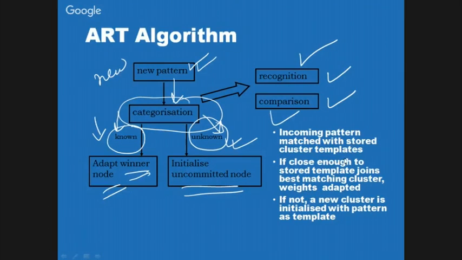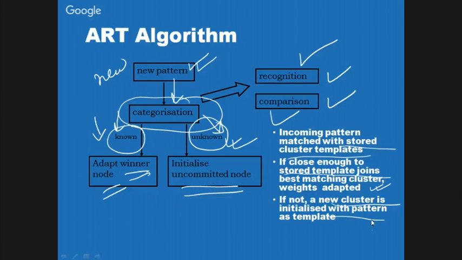So the incoming pattern will be matched with stored cluster templates. If it is the same or close to the stored cluster templates, then the weights will be adapted to the matching cluster, and if not, a new cluster will be initiated with the pattern.